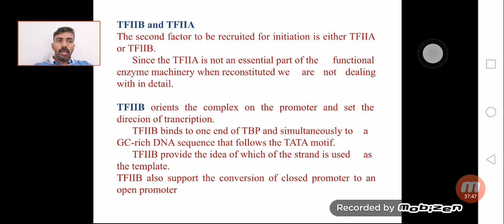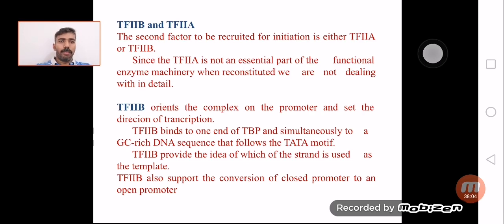The significance of TFIIB is that it orients the complex on the promoter and sets the direction of transcription. So in which direction the transcription has to occur is set by the TFIIB protein.